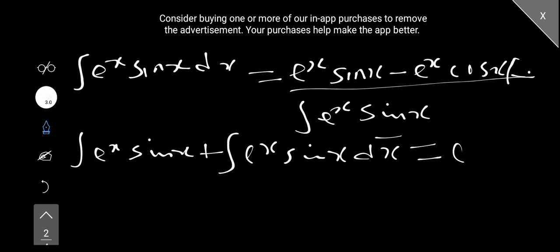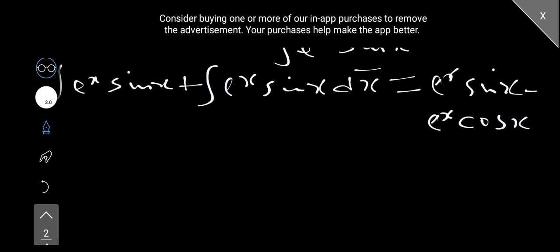So we have e power x sine x minus e to the power x cos x. Here we are. We know that these are like terms, so we can add them.